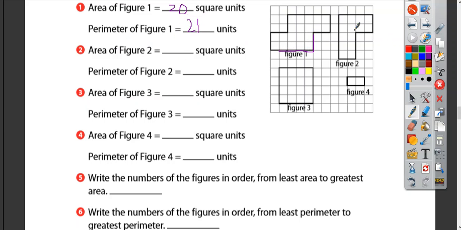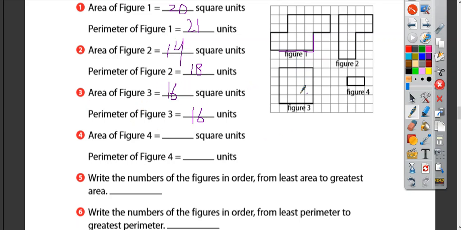The area of figure 2 is 14. The perimeter by counting all the units is 18. The area of figure 3 is 16, and the perimeter is 16.